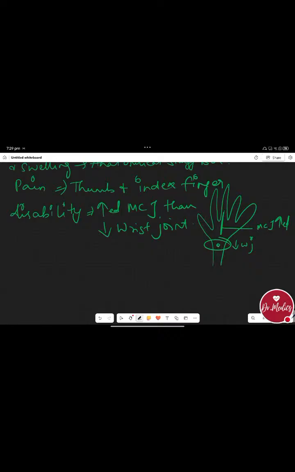Because of the wrist joint movements, sometimes non-union can occur or avascular necrosis can occur in the bone. That causes the pain in the anatomical snuff box.